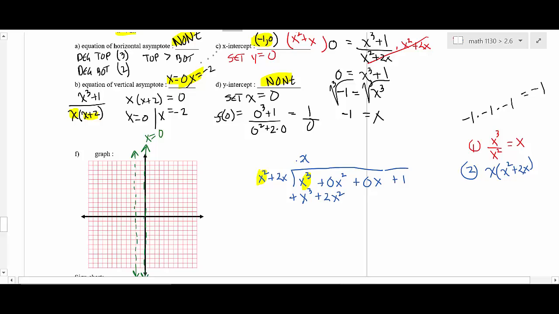What do I do next? I subtract, right? Now you can do this in your head. x cubed minus x cubed cancels. This is really 0 minus 2, so that's negative 2x squared. Now you bring down your next number, which is a 0x.